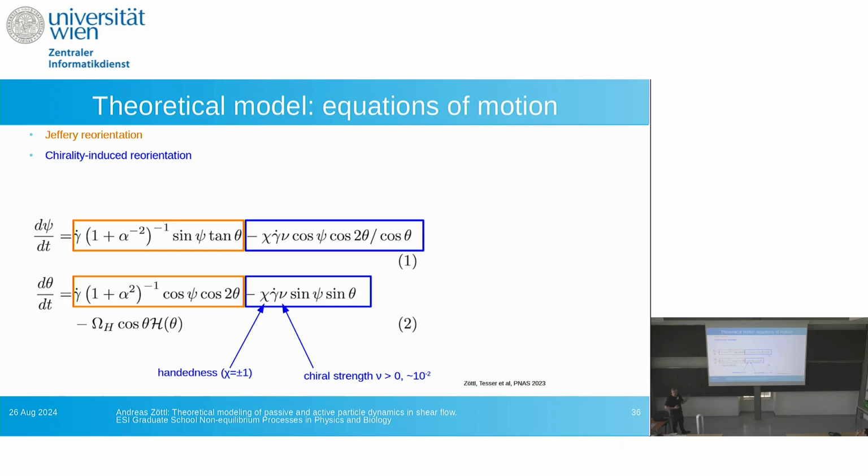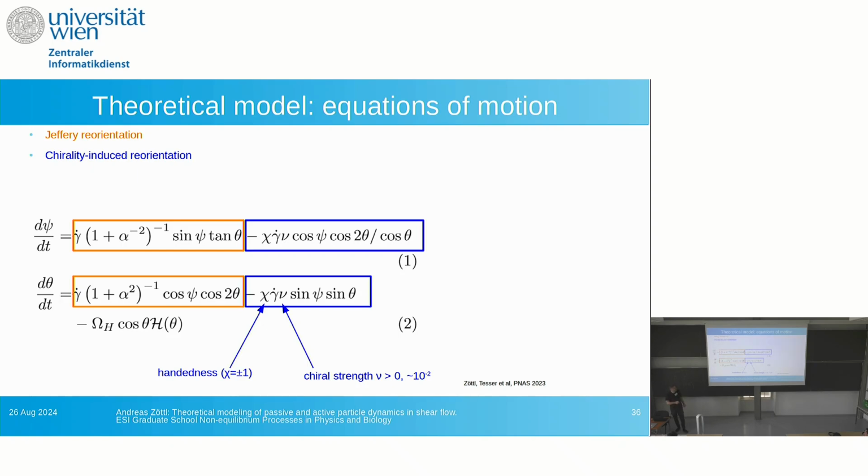If it is 0, it's a non-chiral particle. And for chiral particles, this is typically of the order of 10 to the power of -2 or a bit larger. But this effect is always smaller than the Jeffery effect. But still, you can see it when you have non-Brownian particles, as we have seen, because Jeffery is just doing periodic motion.